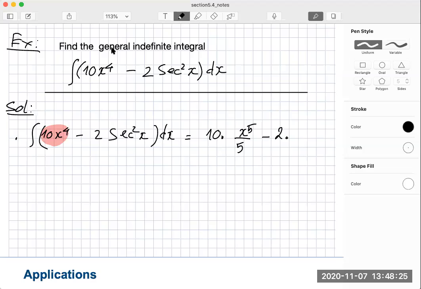Thank you, Lexi. 10x plus c, very good. Antiderivative of secant square is the tan function, right?